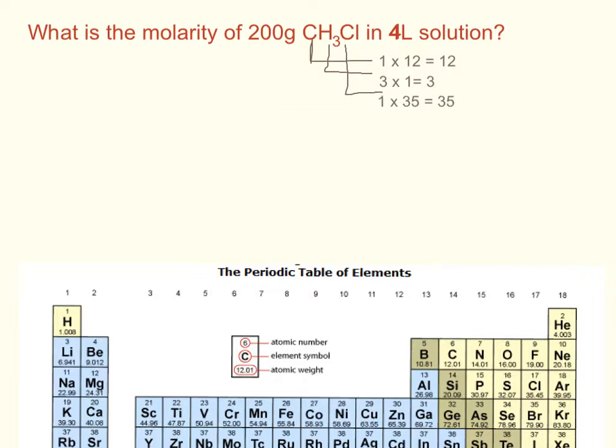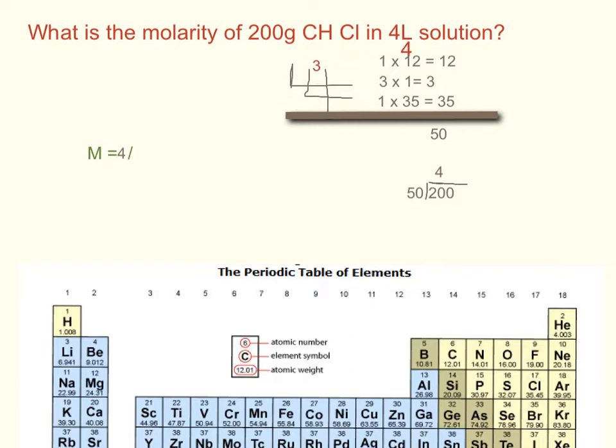Then we add up the weight of the individual atoms. Our molecular weight is 50. 50 grams is 1 mole. We have 200 grams, so we have 4 moles. So to calculate our molarity, we have 4 moles divided by 4 liters. So we have a 1 molar solution.